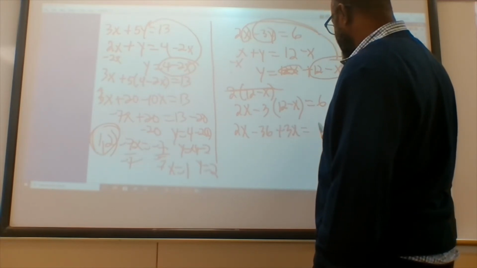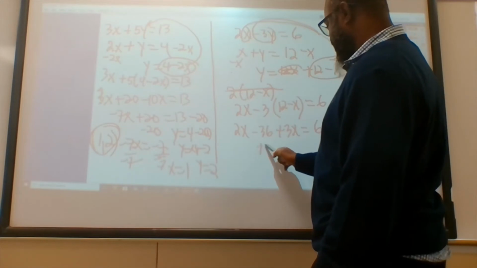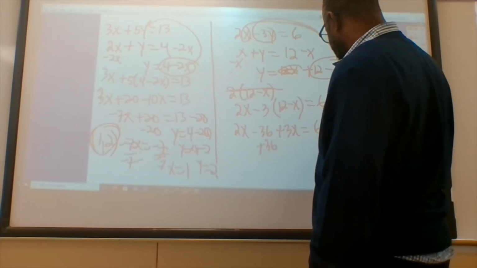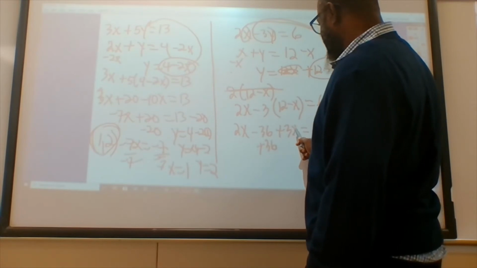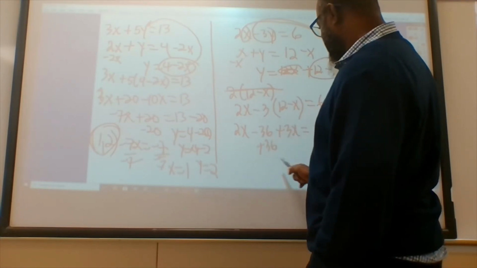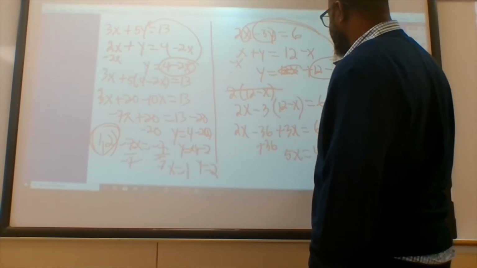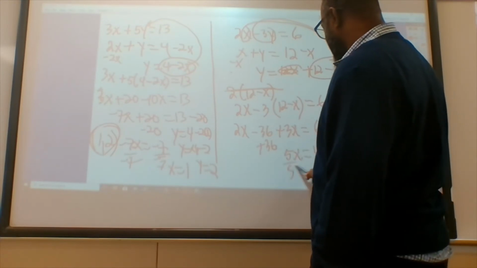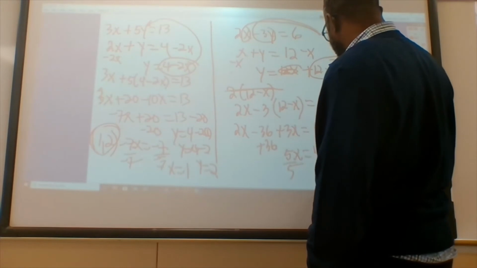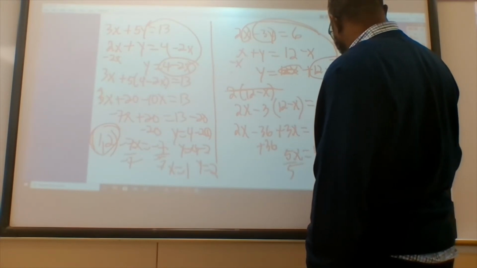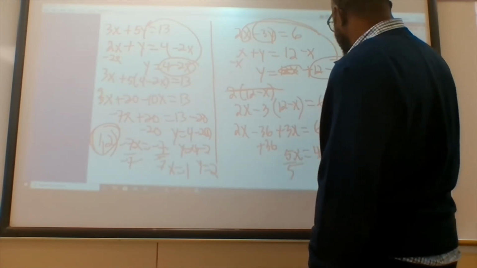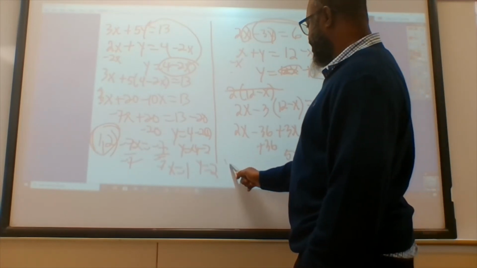Add 36, and I will have 5x is equal to 42, divided by 5. x is 42 fifths.